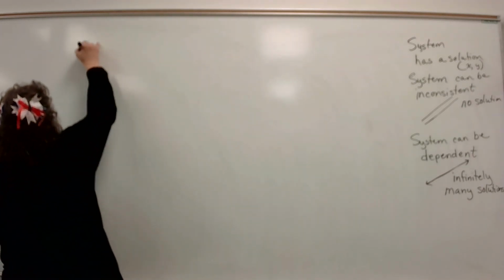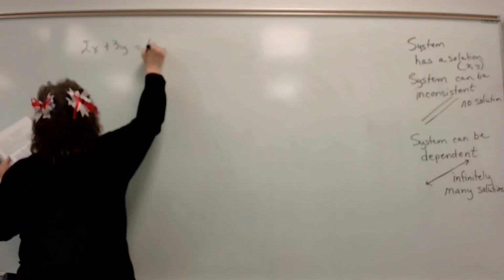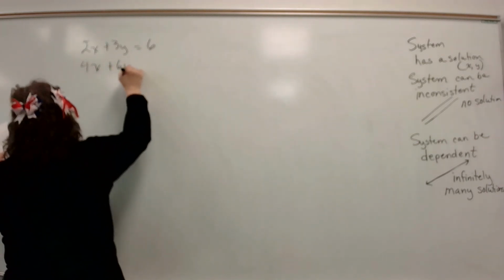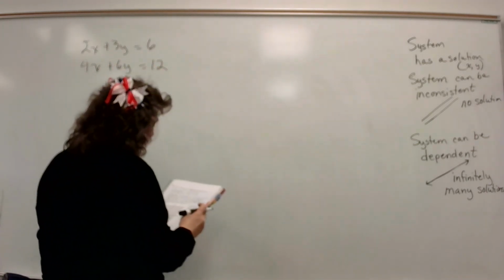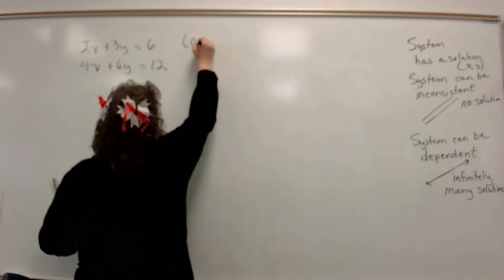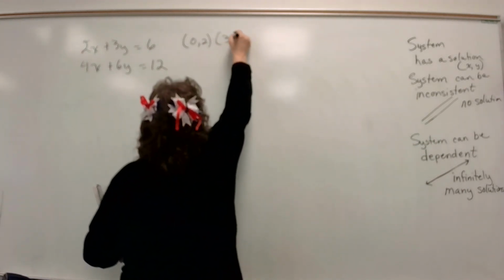Here I have 2x plus 3y equals 6, and 4x plus 6y equals 12. If we're to graph the x and y intercepts on this, we'd have (0, 2) and (3, 0) on the first one.